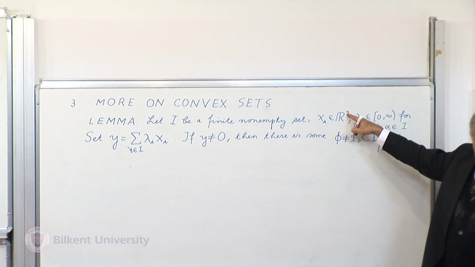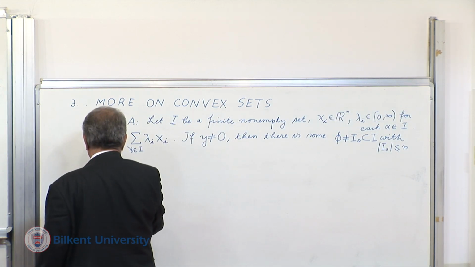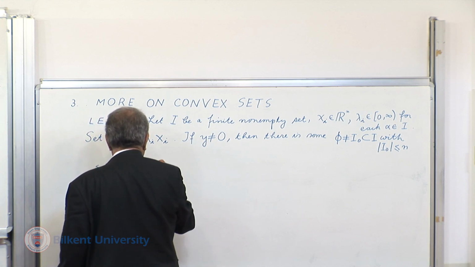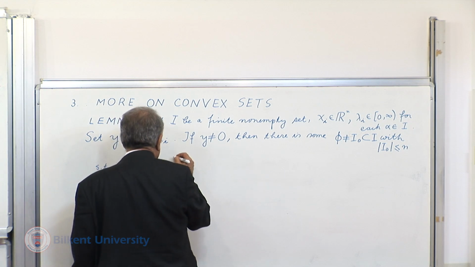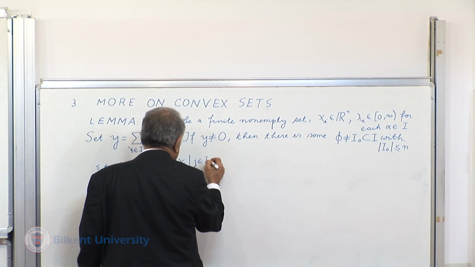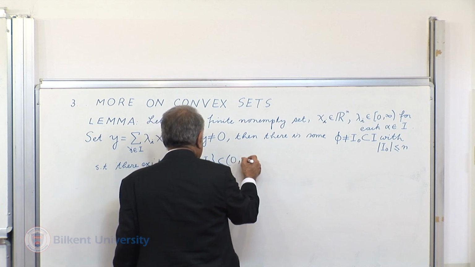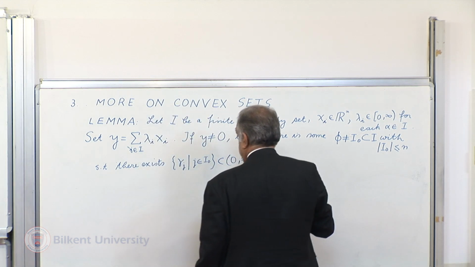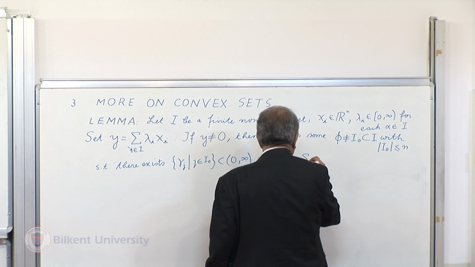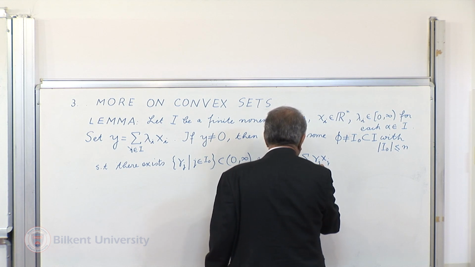Here n is this n, the dimension of the space, such that there exists a set of positive coefficients gamma j corresponding to I naught, this is in 0 to infinity now, 0 not included, with y equal to the sum of gamma j x j, j in I naught.